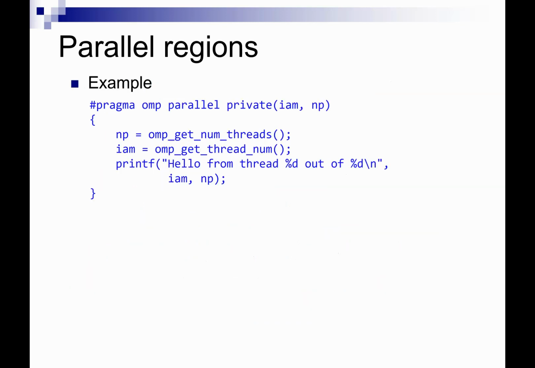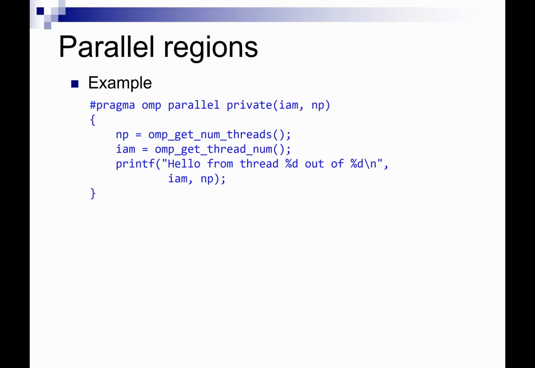Here's an example of using these parallel regions. If you add this to your program, when you write the pragma omp parallel, you're saying that you want several threads, and the runtime system will create multiple threads.